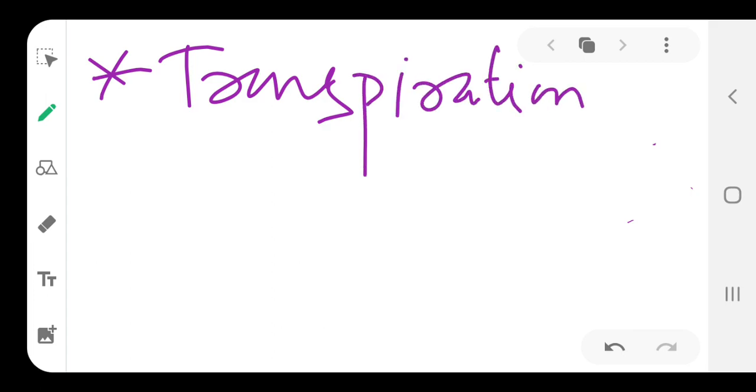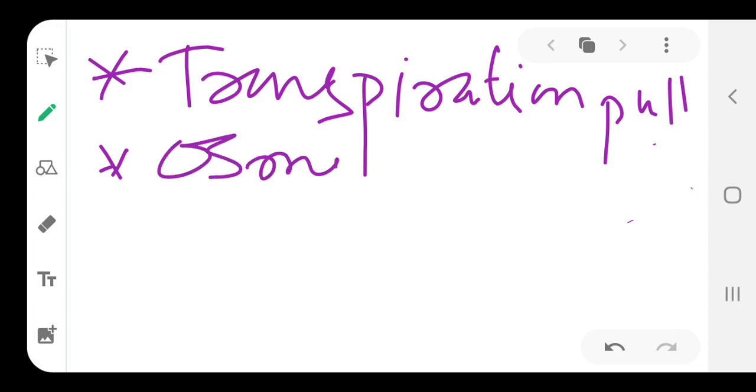As you know, this transportation requires certain mechanisms. In this topic we have some terms that you should be familiar with. Number one is transpirational pull. This is the force by which things will be moved up. Number two is osmotic potential difference. Write it down properly.